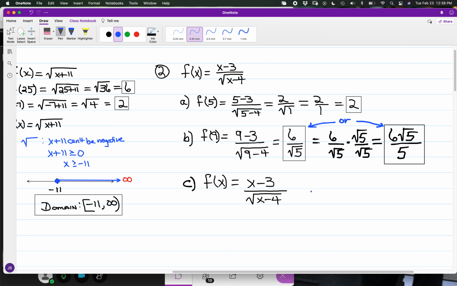We have this term as part of an even root radical, and also it is in the denominator position. Because we have a square root, x minus 4 cannot be negative. And because it is in the denominator, x minus 4 cannot be 0.